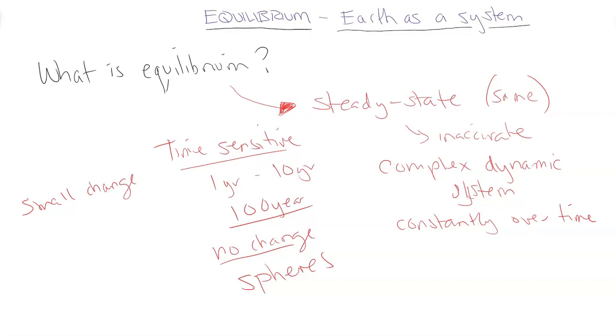Let's say a flash flood, for example, in Arizona or Colorado, that will eventually come back to being a dry, arid environment after the rainstorm and flash flood has passed. So there are small fluctuations, but over time there is a consistent balance in nature that would create this equilibrium or steady state.